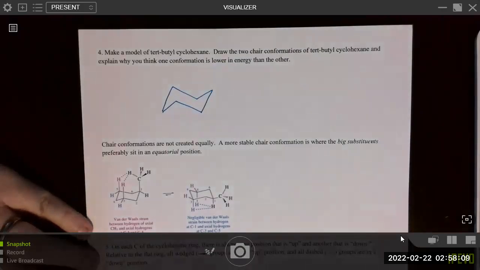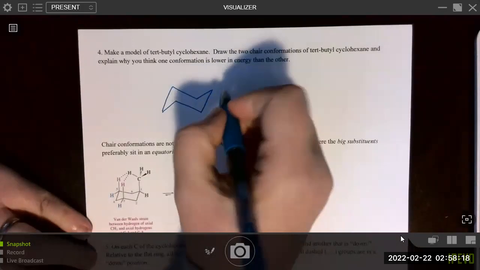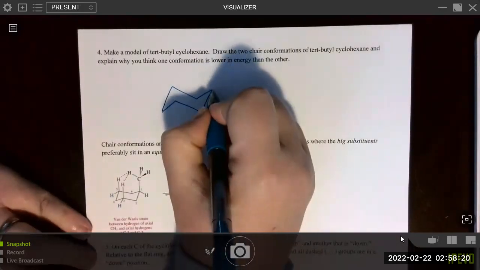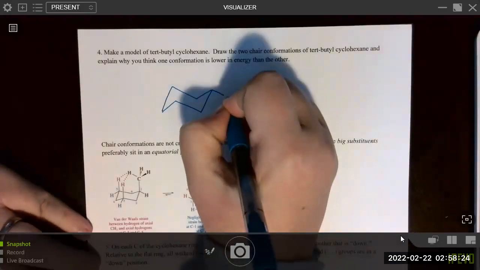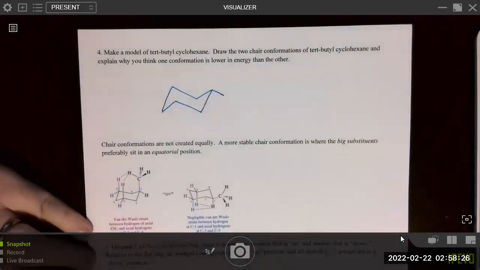And it says it should be tert-butyl cyclohexane, and you can put it anywhere, right? So for example, perhaps I will put it equatorial here. I'm going to put it equatorial, and I'm going to make sure to draw it out, just so that I can kind of see the size of it. Right?